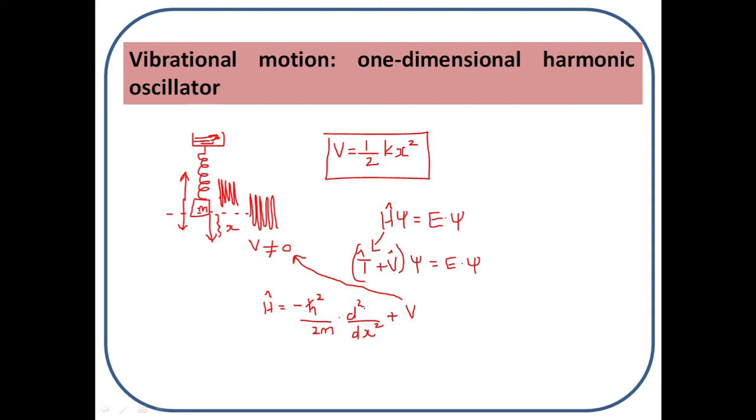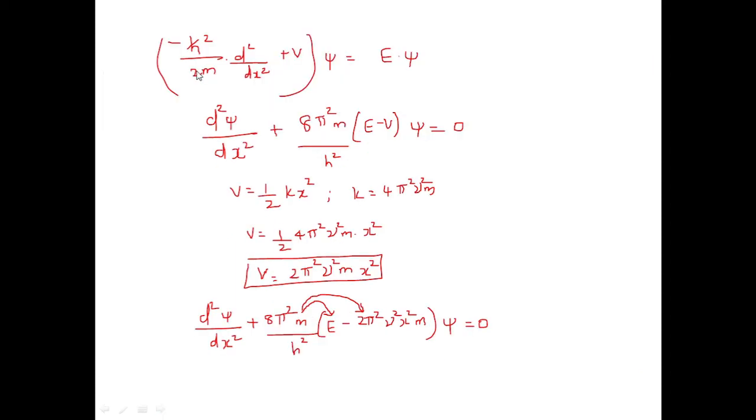This H cap is equal to minus h cut square divided by 2m into d square by dx square plus V. Therefore, the eigenvalue equation takes the form minus h cut square divided by 2m into d square by dx squared plus V of psi is equal to E psi.